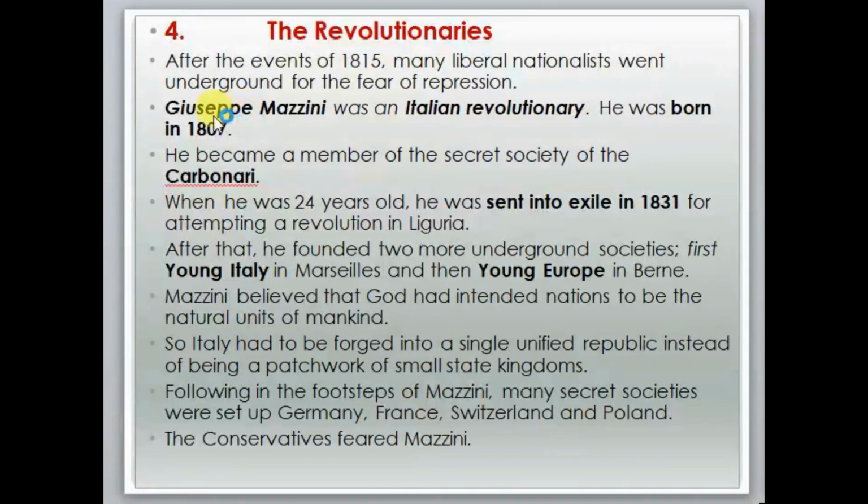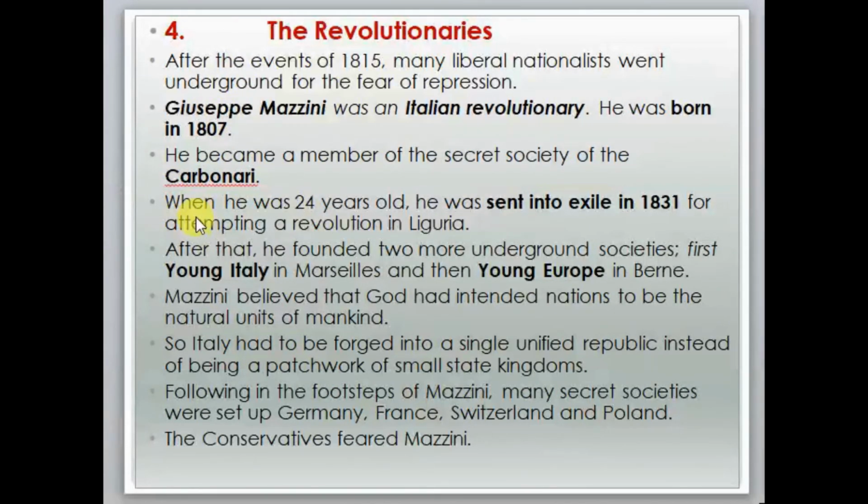One such individual was Italian revolutionary Giuseppe Mazzini. He was born in 1807 in Genoa. He became a member of the secret society of the Carbonari.